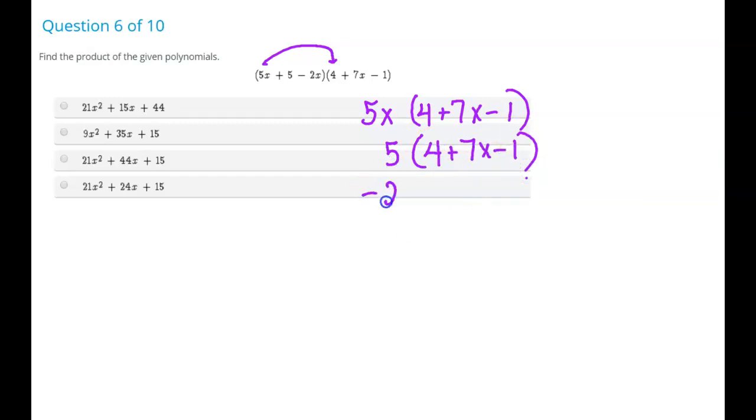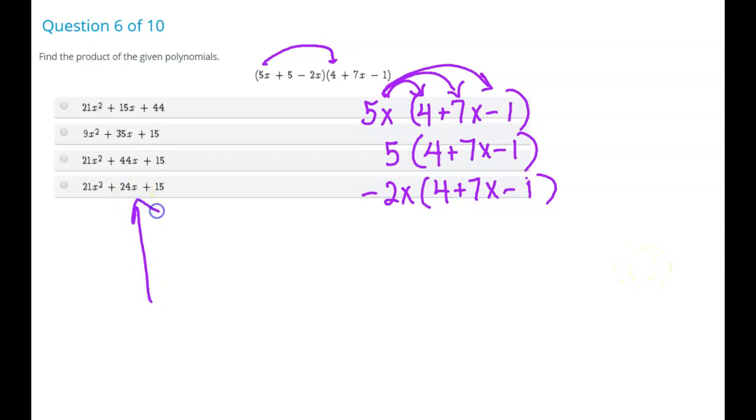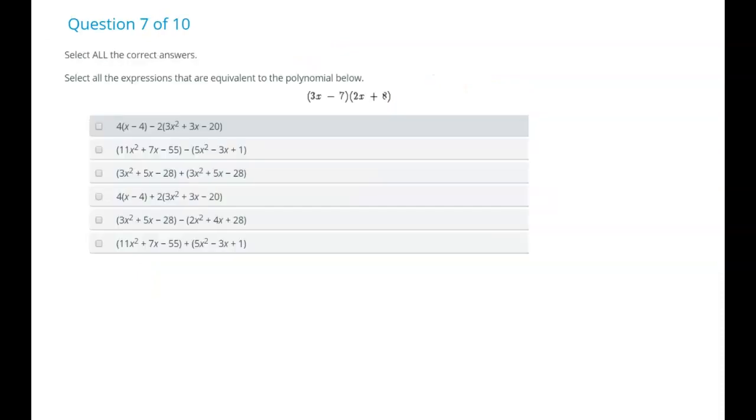And then you're going to have a negative 2x times 4 plus 7x minus 1. So 3 times 3 is 9. After you distribute these, 3 times 3, you're going to end up with 9 terms. You're going to combine them to get your simplified expression, and that will be a trinomial.